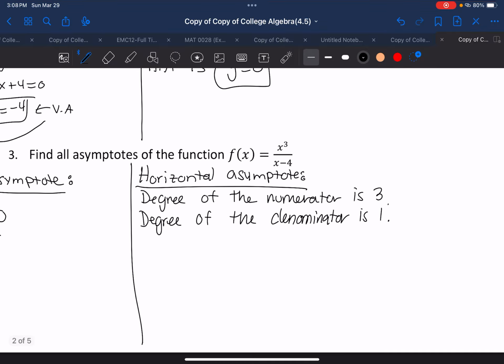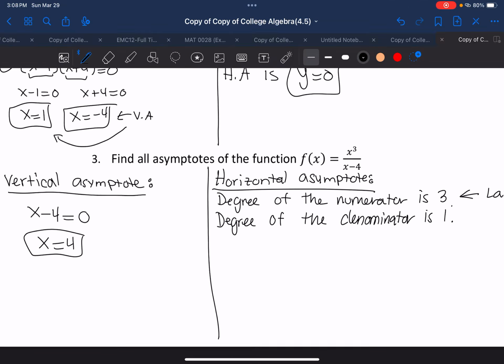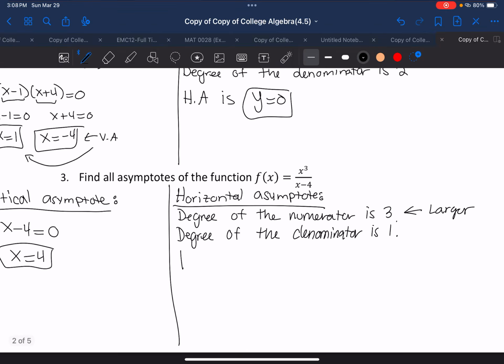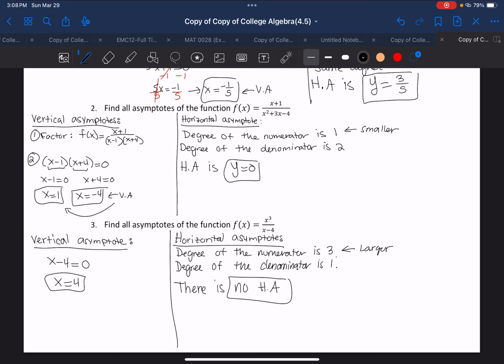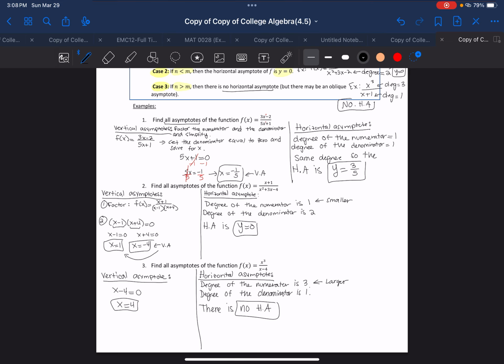So the top degree is larger than the bottom. So when that happens, there is no horizontal asymptote. The top is larger. All right.